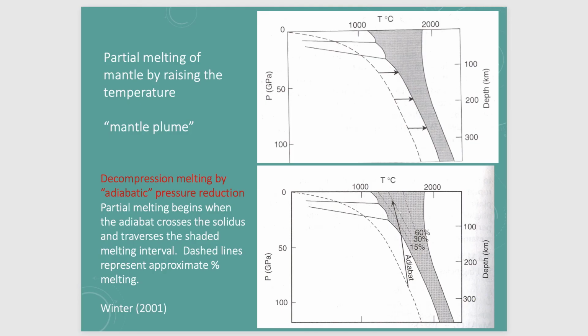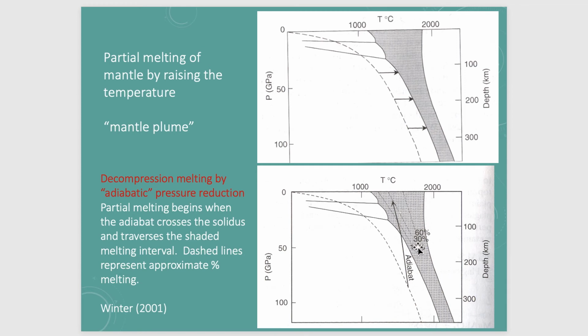If we are along an adiabat, so often when we are in a mid-oceanic ridge, we take the mantle at depth that is unusual because of the upwelling related to convection, and this of course lets the geotherm become shallower and causes melting, because we enter in this area of melting.